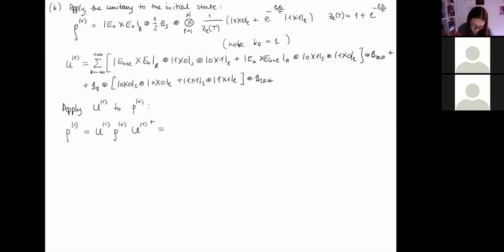Okay, this might be a bit painful, but let us try to carry this out. So let us first write how we can write the first unitary U1 acting on the state rho 0. As you see in the definition for the unitary UL, we have the summation over energy levels from minus infinity to plus infinity.